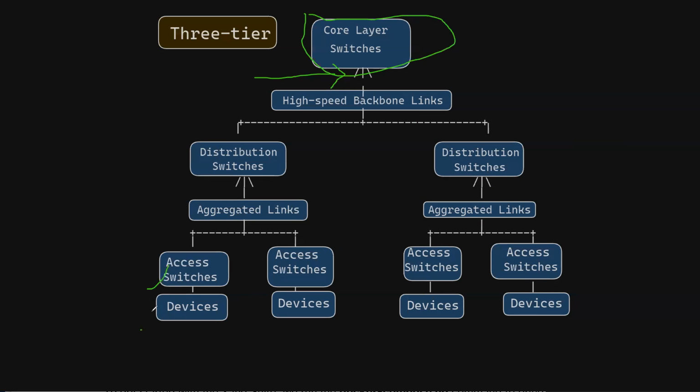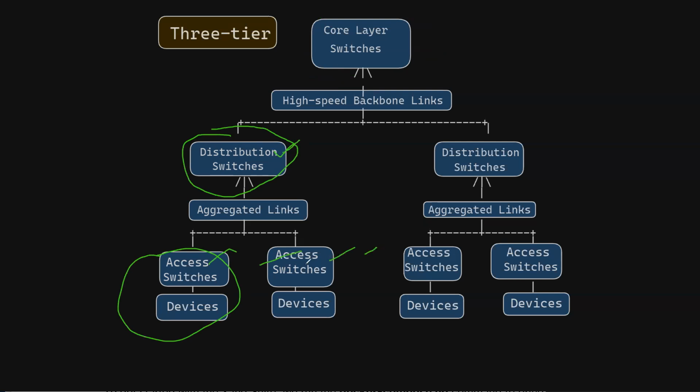Here at the access layer you can make any changes, no problem. Again, to make changes at the distribution layer you have some problem. Why? Because maybe 10 different access switches are dependent on this distribution switch, so if you make any changes here, there will be an impact on all those access switches.